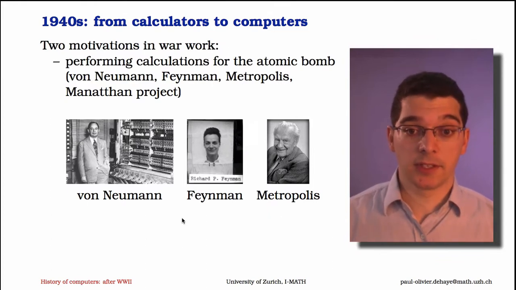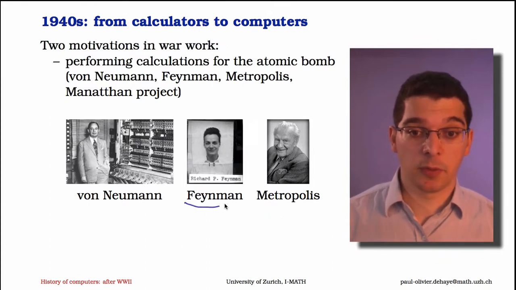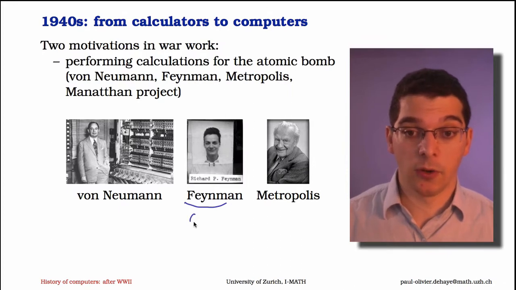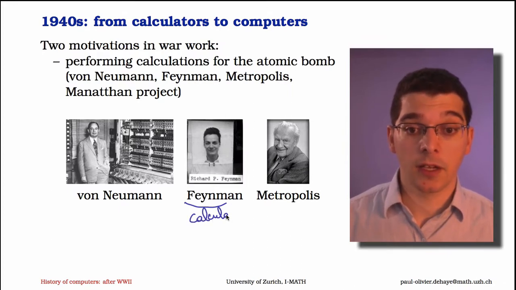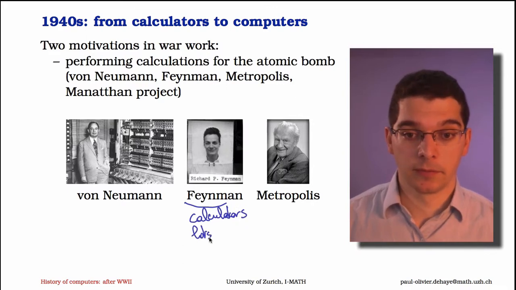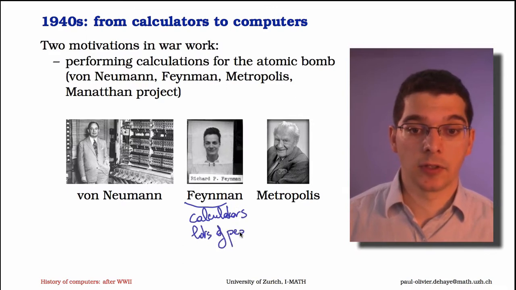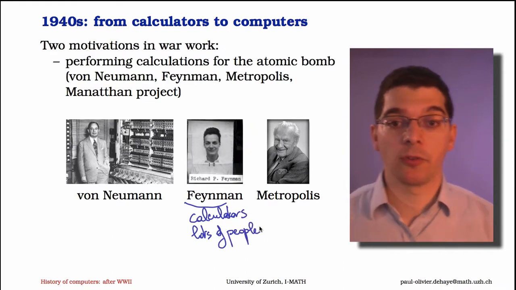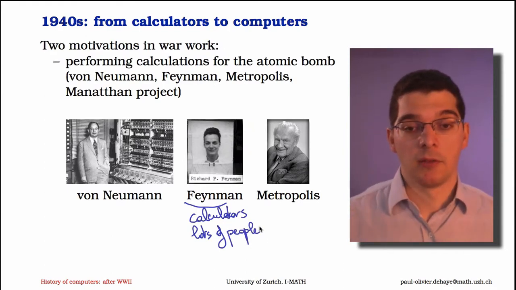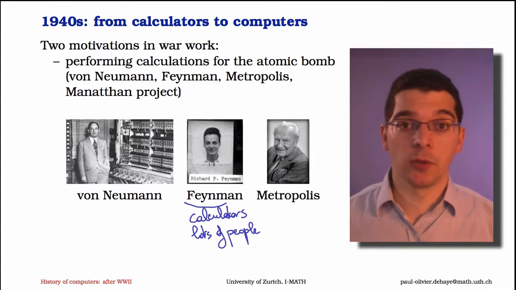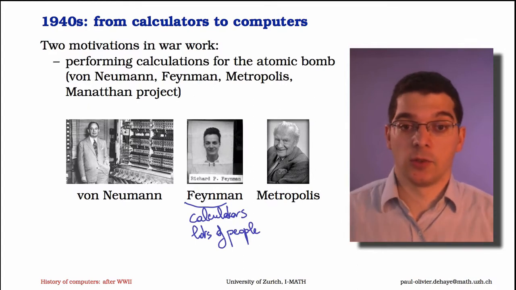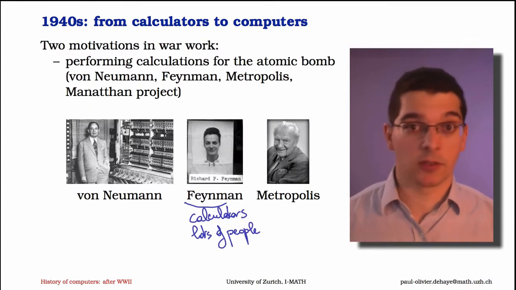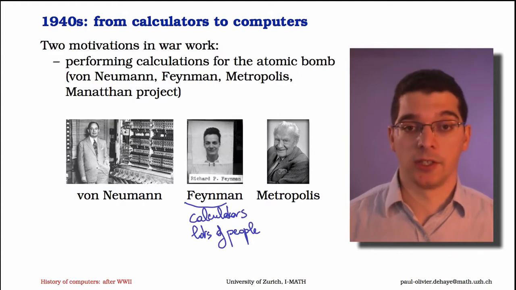Feynman was, in particular, directing a group of people doing those calculations with calculators. So they had calculators and lots of people, and some primitive form of program written for those people, meaning some person was doing it all day. They had the calculation to do, and they were using those mechanical calculators.